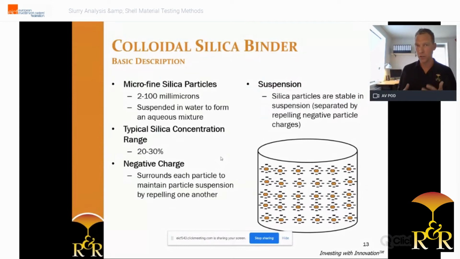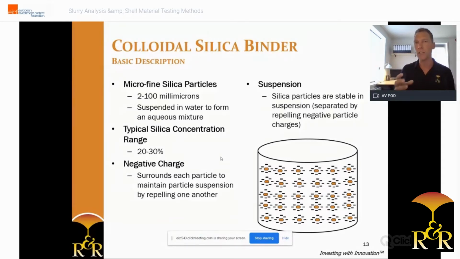But first, before we start talking about the practical aspects, I want to explain a basic description of colloidal silicas, because there's a lot going on inside these binders, making slurry control so important. Colloidal silica is produced by suspending microfine particles in water. Each colloidal silica particle is surrounded by an ion to give it a negative charge on the surface.